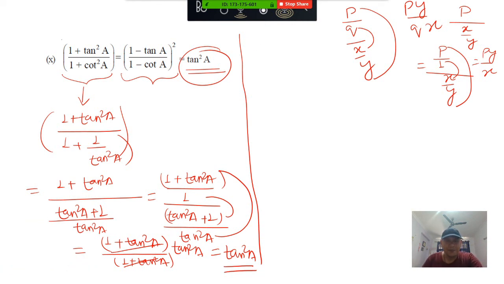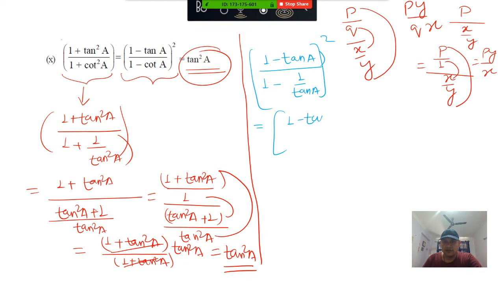So the second term is 1 minus tan A, put the square here, and in the denominator we are having 1 minus 1 upon tan A, right? Good. Now we are having 1 minus tan A at the numerator, and here we take the LCM as tan A and take tan A minus 1.